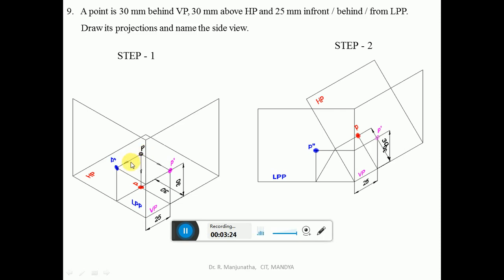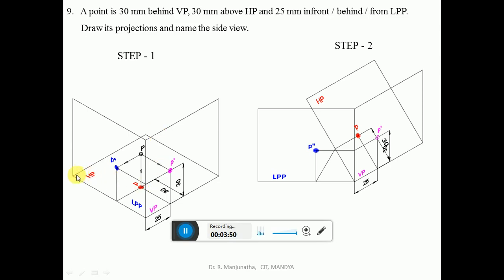That distance can be seen from this endpoint to this front view image, and here also from this point to the top view image. So this is how we can explain the three-dimensional image of the projections of points in the second quadrant.